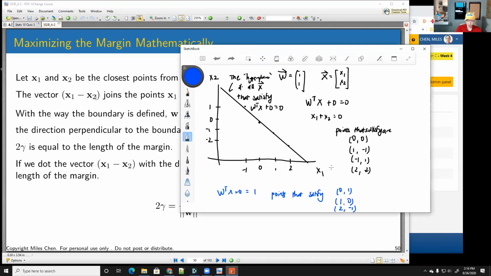So if I say w is (1, 1), then the line defined by w transpose x is this, and (1, 1) is the direction that is perpendicular to it. So the vector (1, 1) goes like this, and that's perpendicular. So this is the vector w here, right? And that will hold for any coordinates of w.